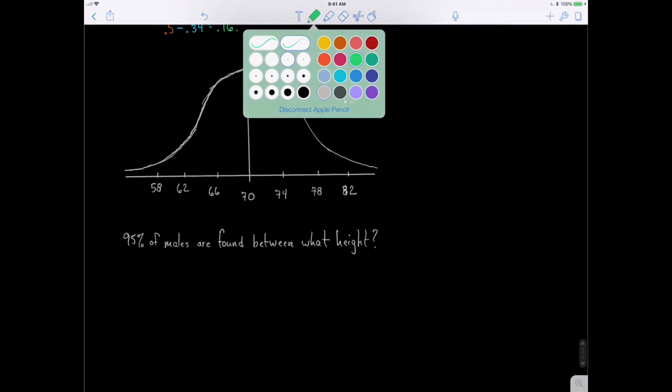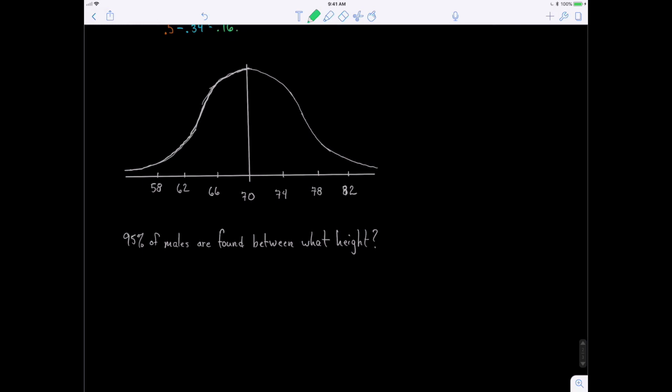Let's take a look at this. This one actually becomes a direct application of the empirical rule. So remember that if you're one standard deviation above and one standard deviation below, well, that's 0.68 of the curve. And then if you take it another step and you go 2 standard deviations above and 2 standard deviations below, well, that's 0.95 of the curve.